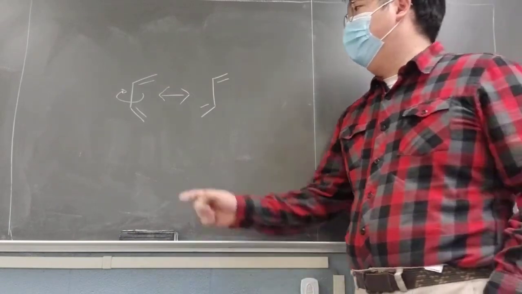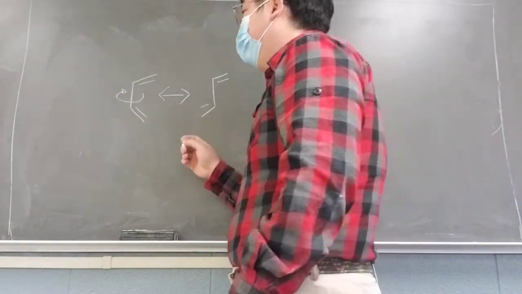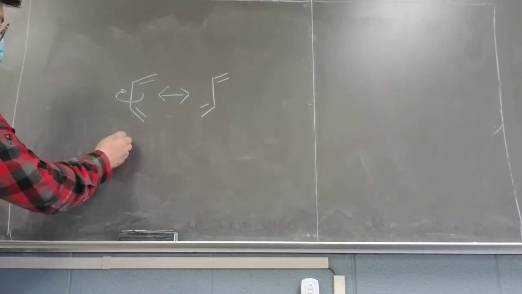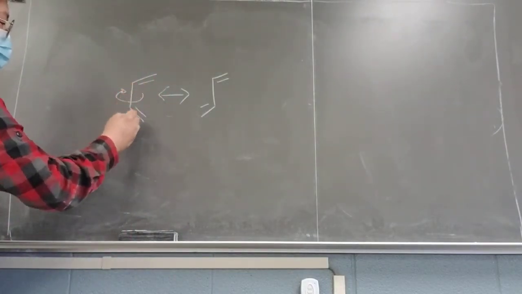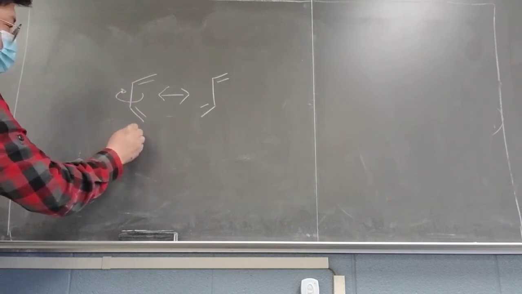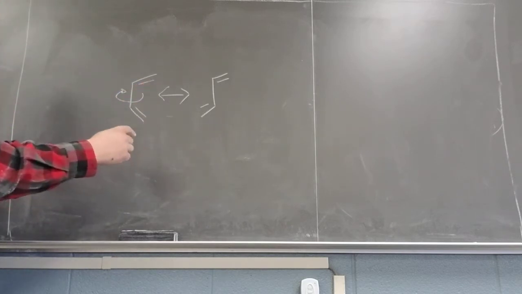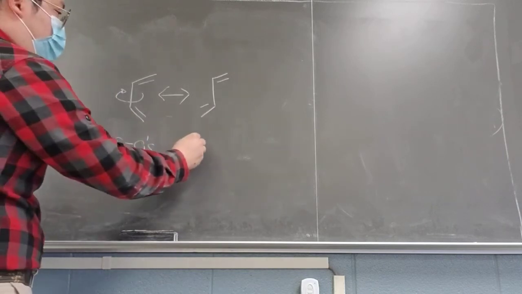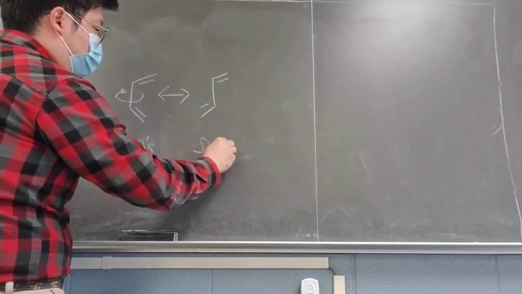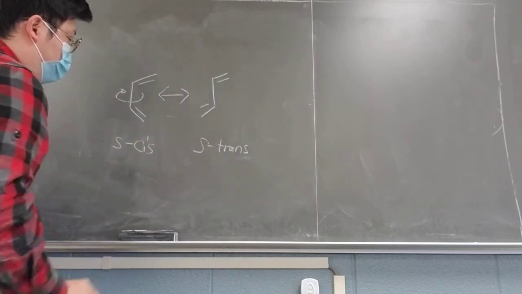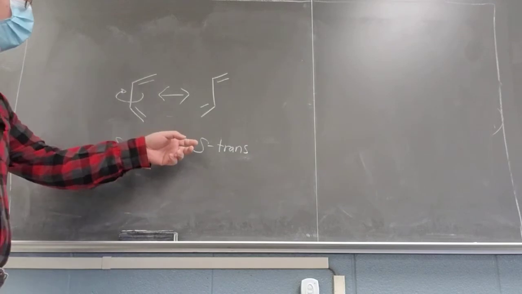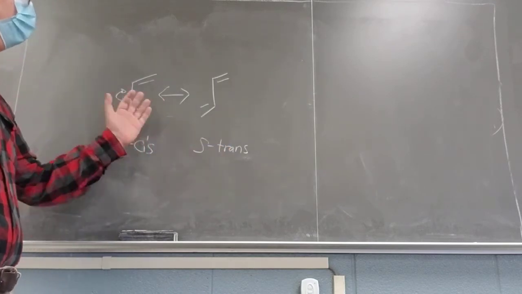They can go on either way. So we name this one here as a single bond rotating, right? So the single bond, and this is in the cis position, right? Okay, and then this is also single bond trans. So we call them s-cis conformation and s-trans conformation.